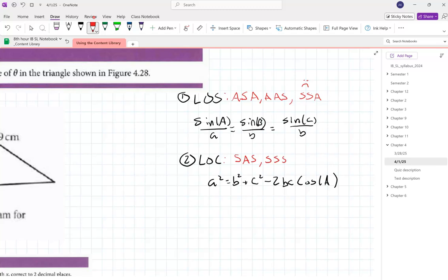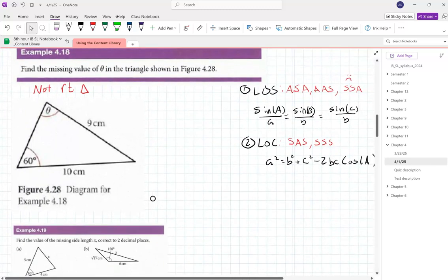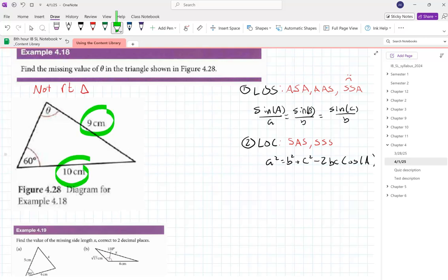But basically the starting information is going to tell us which one. So if I look here at the givens, which of the 5 situations do I have? Good. This is the side-side angle situation.